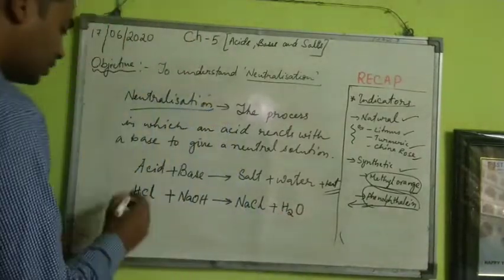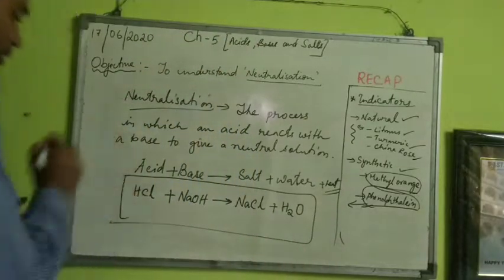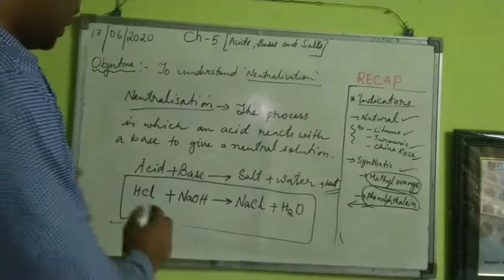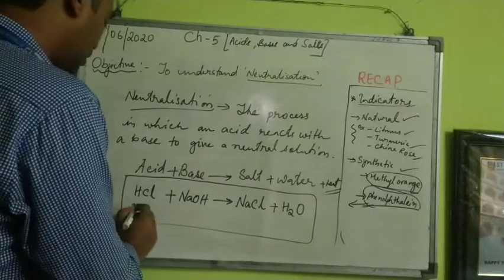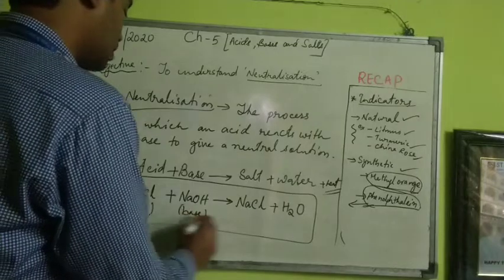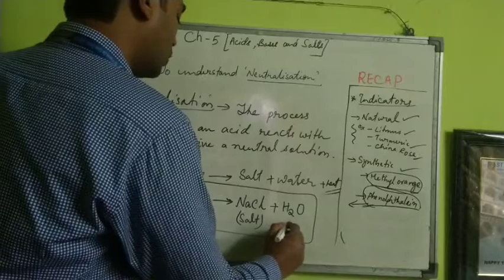H2O. So this is the neutralization reaction which we have discussed just now in the form of an activity. So here this is the acid, this is the base, this is the salt, and this is the water.